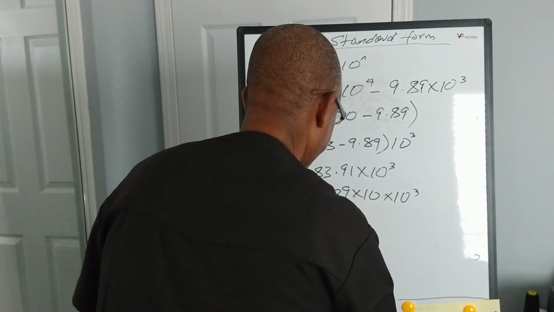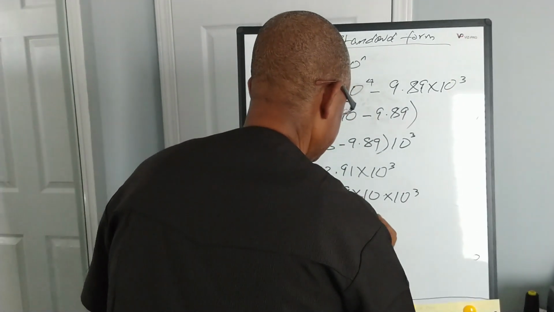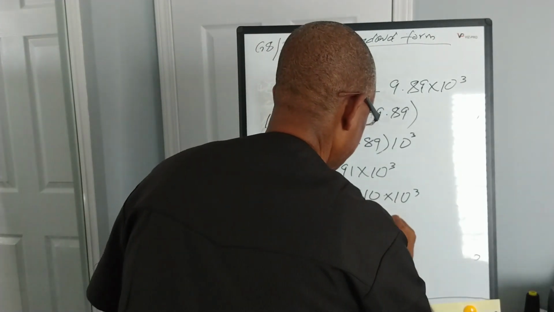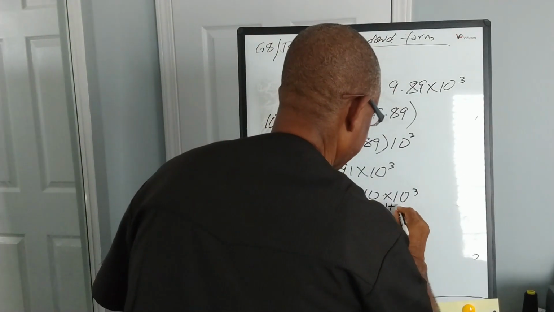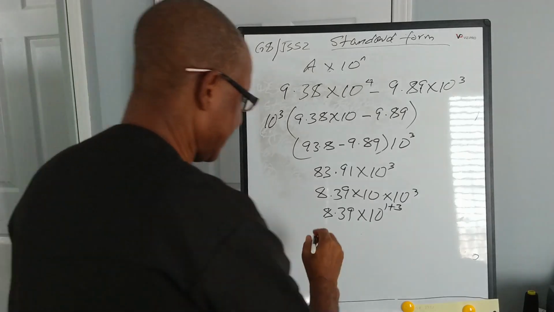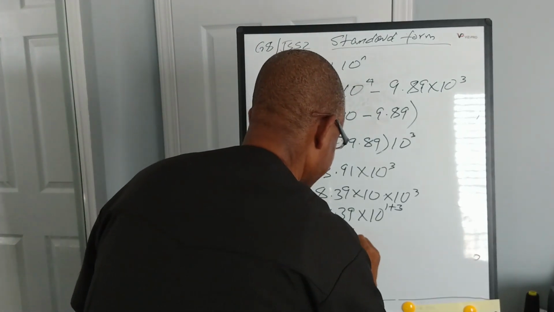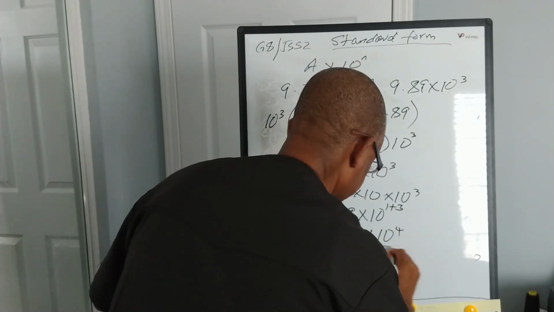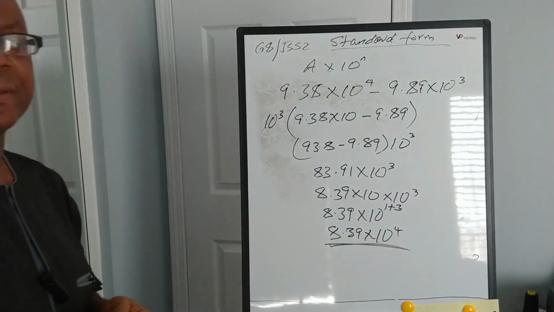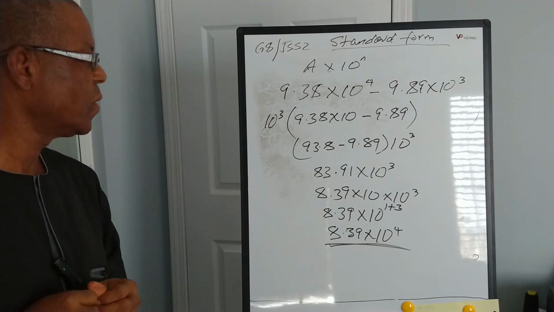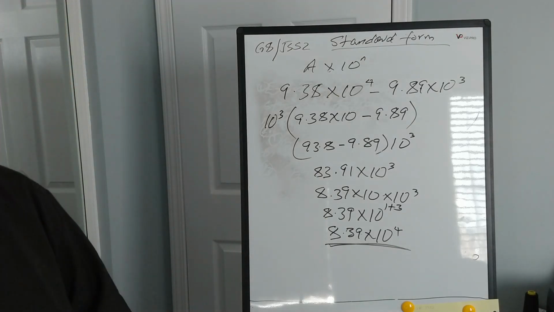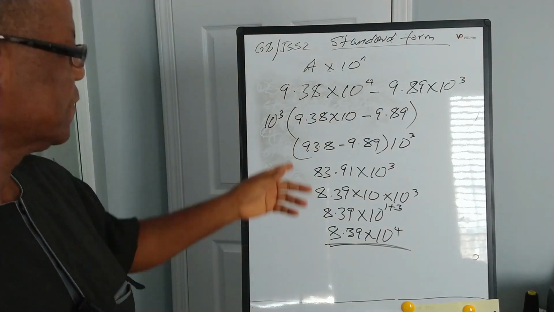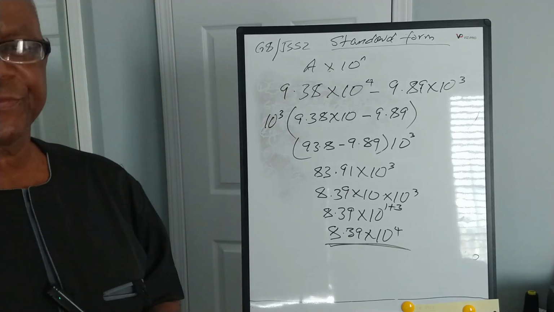So we have 8.391 times 10 raised to power 1 plus 3. Finally, we have as answer 8.391 times 10 raised to power 4. So this is when we are applying the operation of subtraction in our standard form.